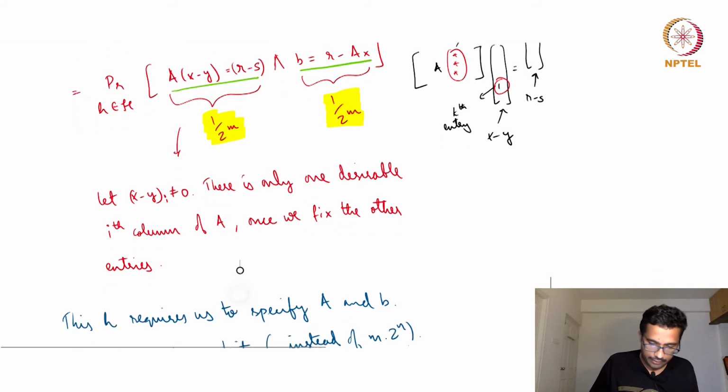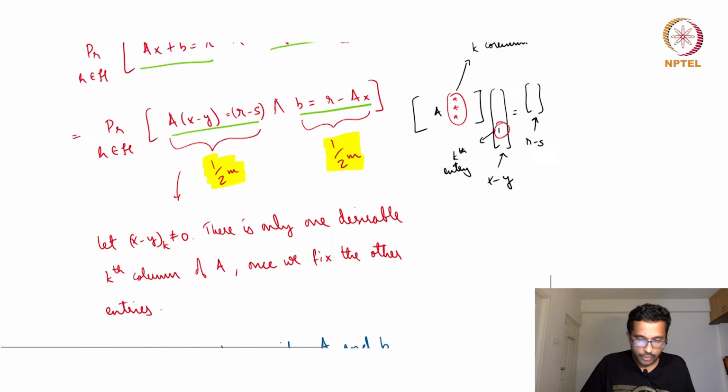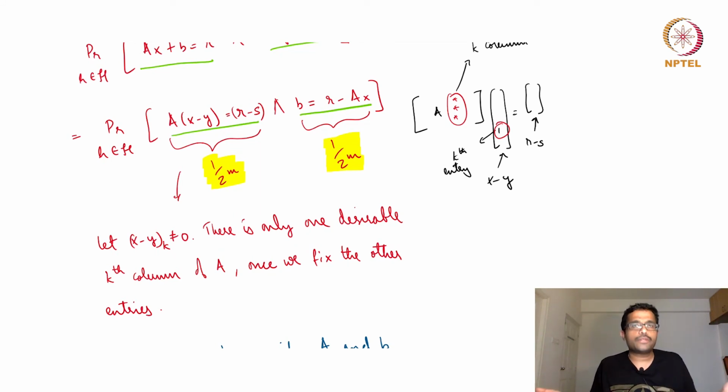So again, I've written here the ith column, maybe I'll just change it to the kth column. Since x is not equal to y, there is some entry of x minus y that will not be 0. So both of these are 1 by 2 power m, and the choice of A is independent from the choice of b.